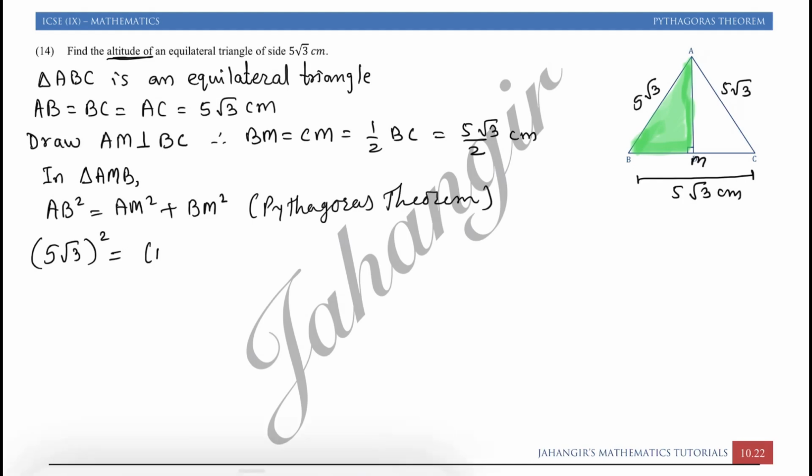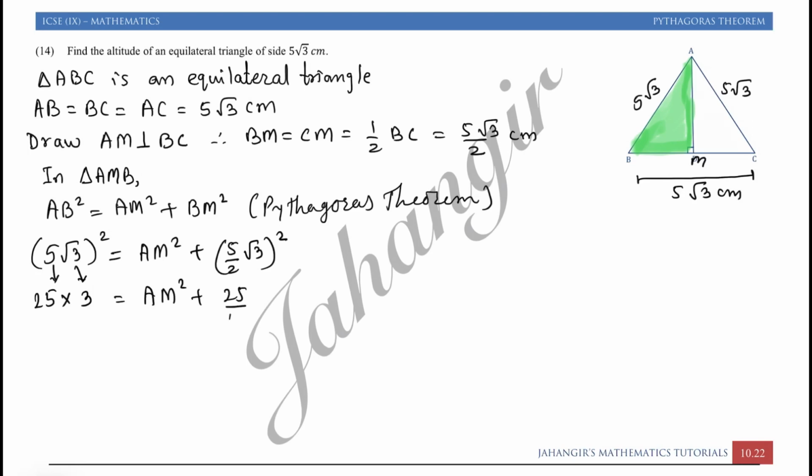So we write AM as it is, plus BM, which is 5 upon 2 root 3 whole square. Now 5 square is 25, root 3 square I can write as 3, which is equal to AM square plus 25 upon 4 into 3. So let us solve. 25 into 3 is 75, that is equal to AM square plus 75 upon 4.